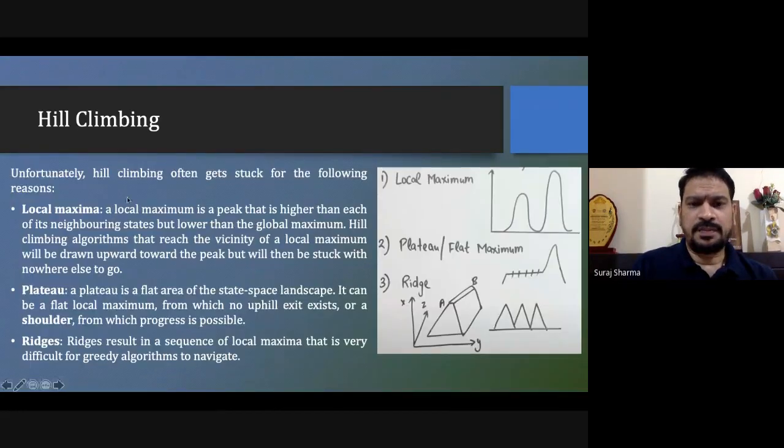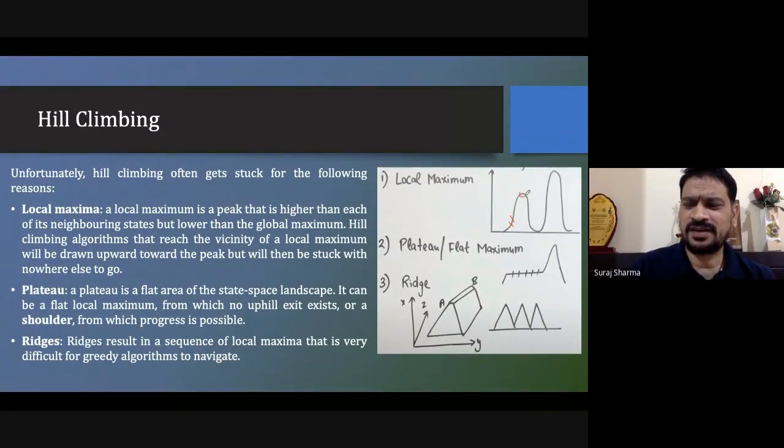We have some problems. One problem that you have understood is local maxima. Why is it a problem? Because of the local search, we cannot go to the global maxima. If we start our process from here, as in this example, we reach this goal.